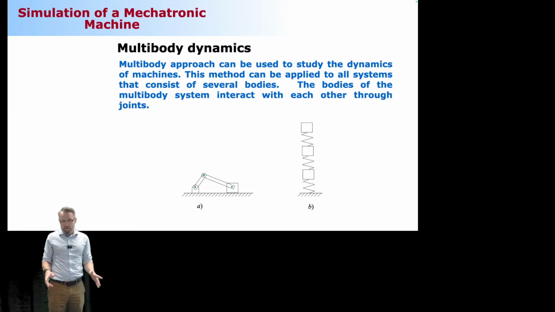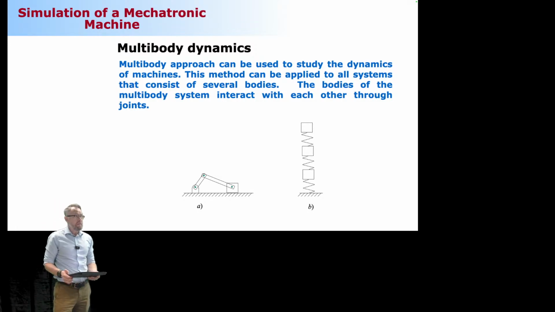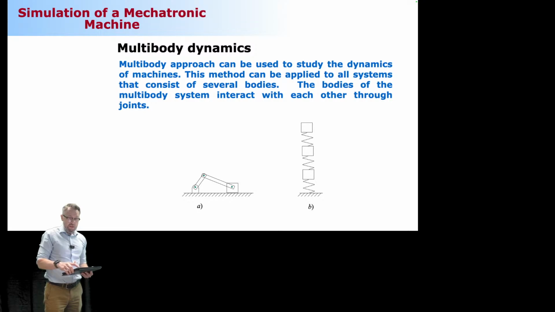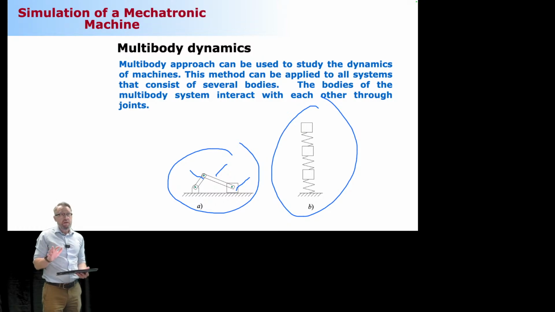If you now look at the two systems here in my slide, I have a crankshaft mechanism, which obviously consists of multiple bodies: 1, 2, 3 moving bodies. The bodies can move with respect to each other in a certain way only, simply because there are joints. The connecting rod cannot just rapidly go like here, or if that happens, it means you have a major engine failure.